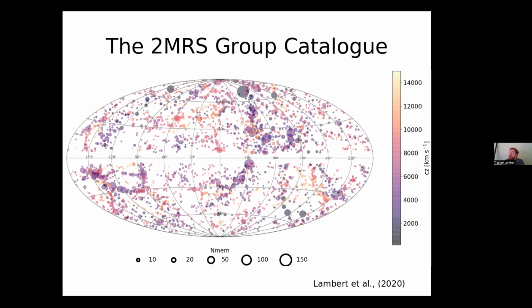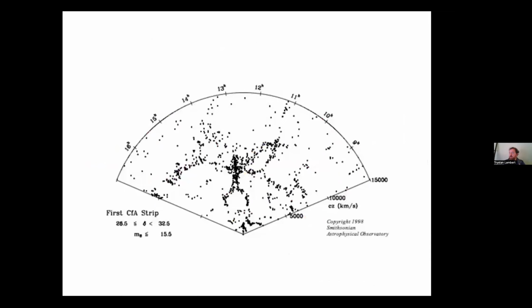Now what I want to talk about is what we did to get there. And I just want to mention, this is a famous CFA strip. This is a CFA stickman. This is what large-scale structure looked like back in the 80s.